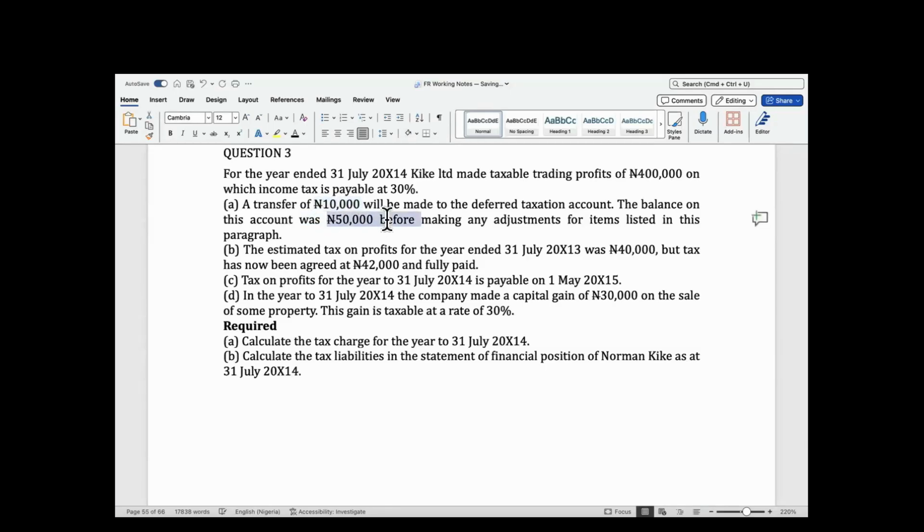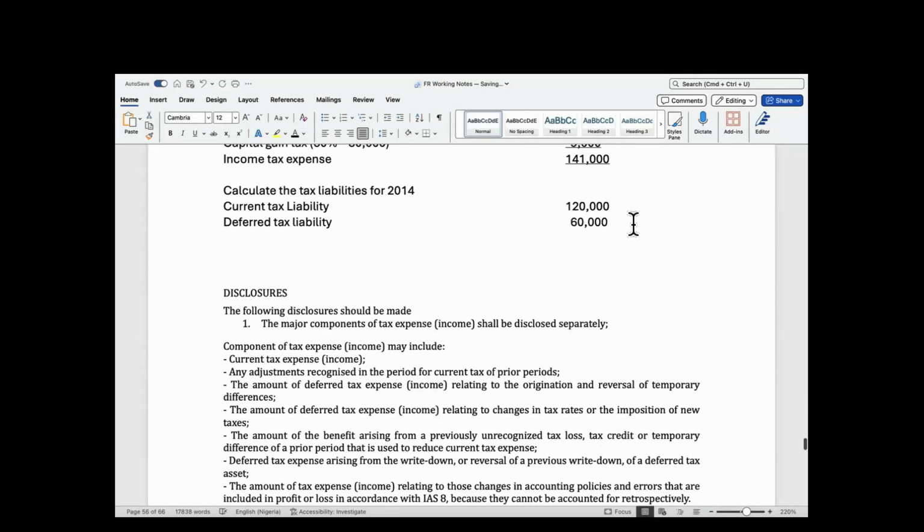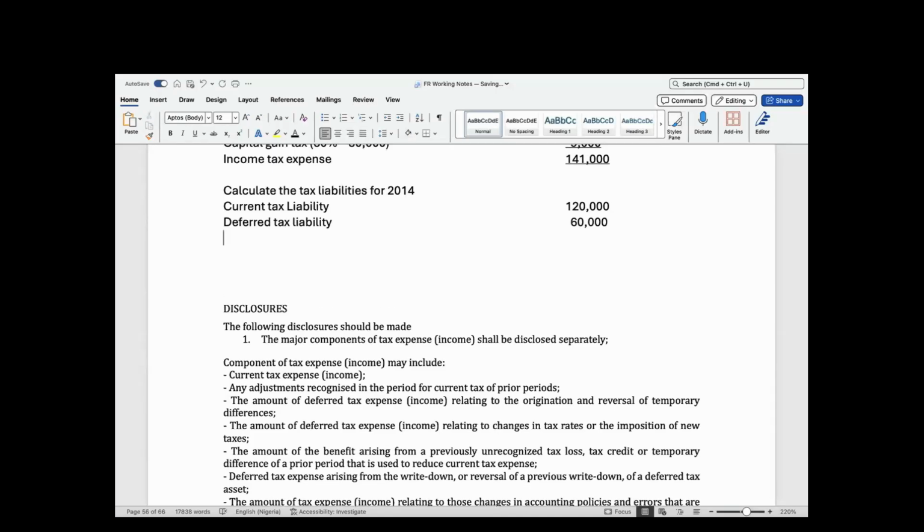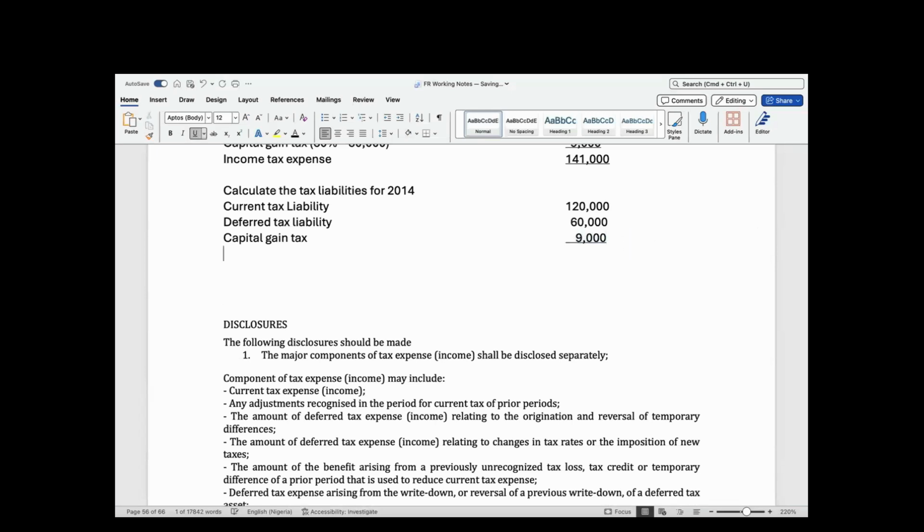We would also have capital gain tax. We were not told it has been paid, and it was computed as 9,000. So my tax liability is 189,000. That shows under my statement of financial position.